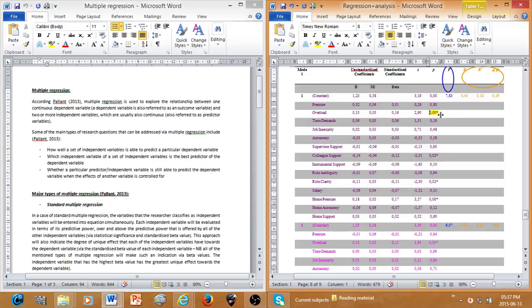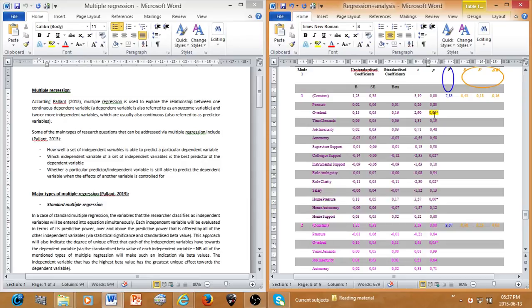Like we've said, if the p-value is equal to 0.05 but not equal to 0.01, if it's between that, then we've got 95% confidence in that variable as a predictor, whereas if a variable has a p-value of 0.01 or less, we have 99% confidence in that variable as a predictor of the dependent variable.